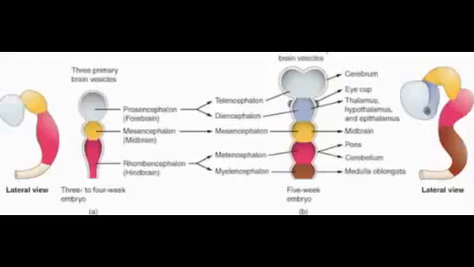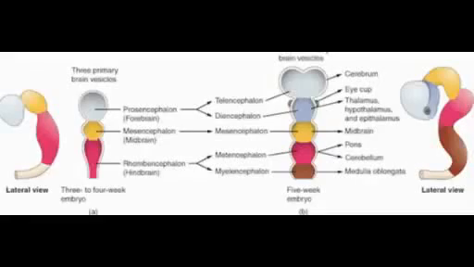This is the shape of the embryo. So from the beginning, the whole neural tube is placed in the whole body of the embryo. So the whole body of the embryo is represented by your neural system.